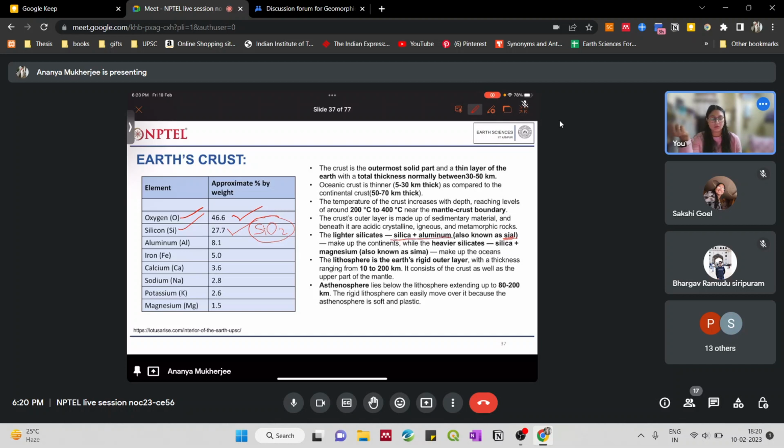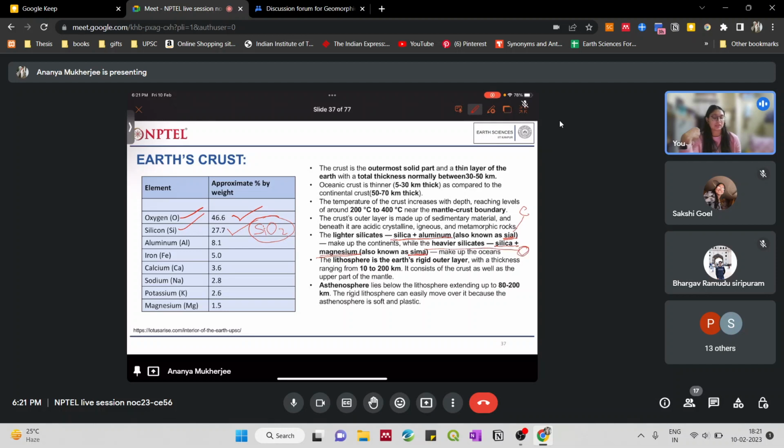The oceanic crust is said to be made up of heavier silicates and it is denser. Heavier silicates means denser minerals, and mostly that consists of silica and magnesium, which is known as SIMA. So SIAL is mostly your continental and SIMA is mostly your oceanic crust.